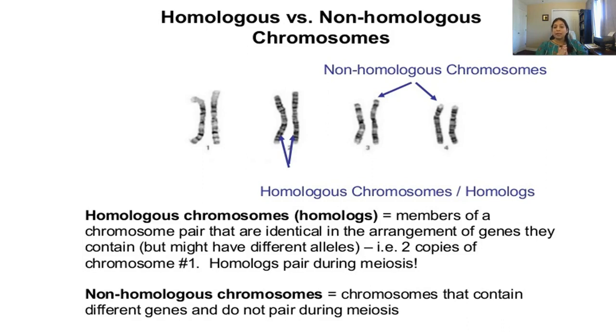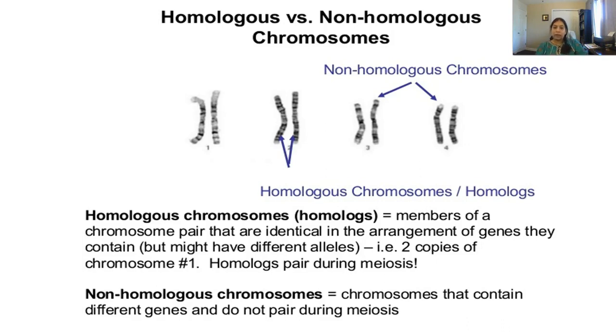The two homologs are going to contain the same exact genes in the same exact sequence. There may be different flavors of the genes, right? So there may be different alleles, one for blue eyes and one for brown eyes, or whatever the case may be, but they are going to be the same genes.